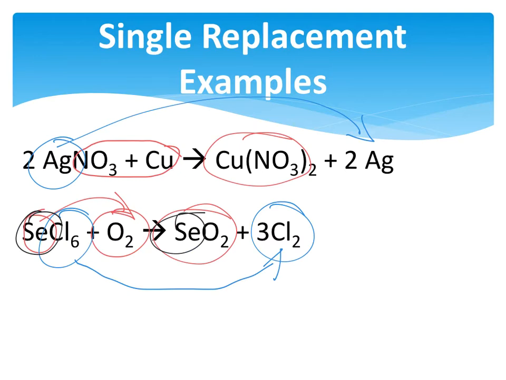That hasn't changed. And the oxygen and the chlorine are different. In this case, the nitrate is the same in both compounds, but the copper and the silver are different. So in this case, the metal's being changed. In this case, the anion's being changed.